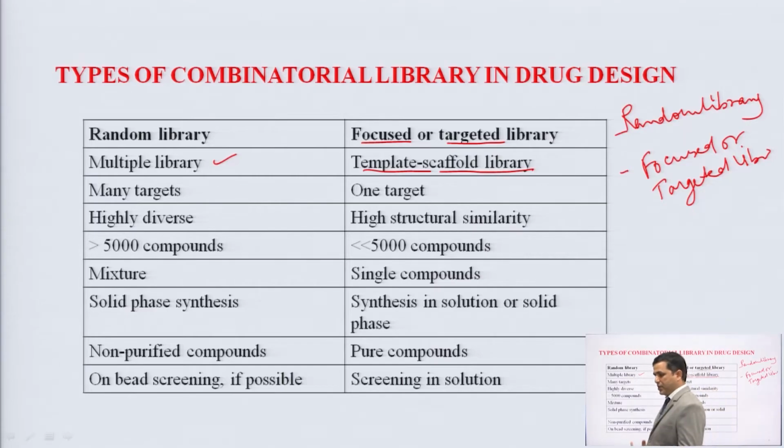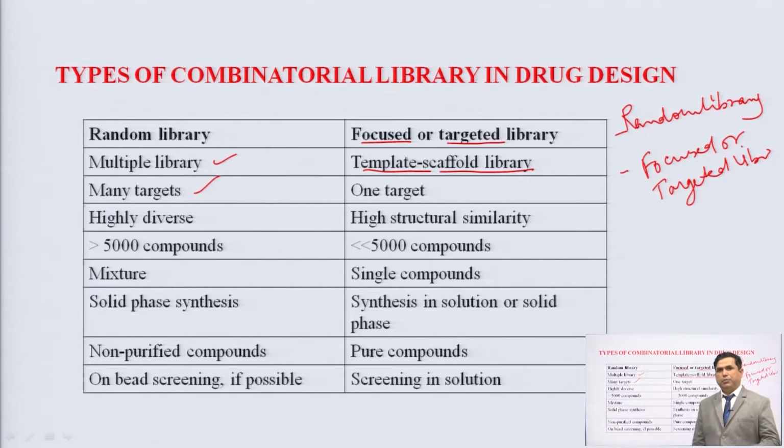So, what is this template? The similar type of template, the similar type of scaffold, that we can access from these focused or targeted libraries. In the random library, many targets are involved, and the compounds are highly diverse, scattered everywhere. But because it is a focused or targeted library, it has one target.